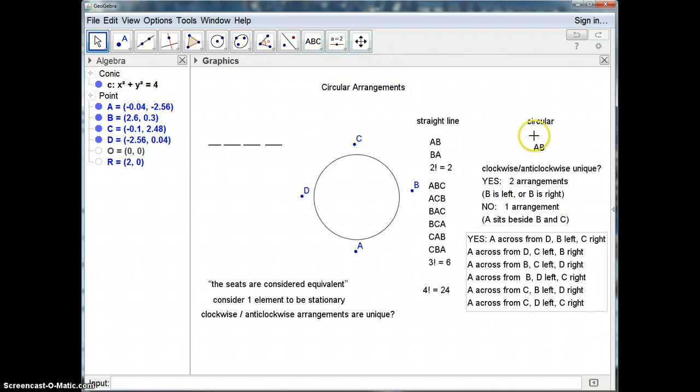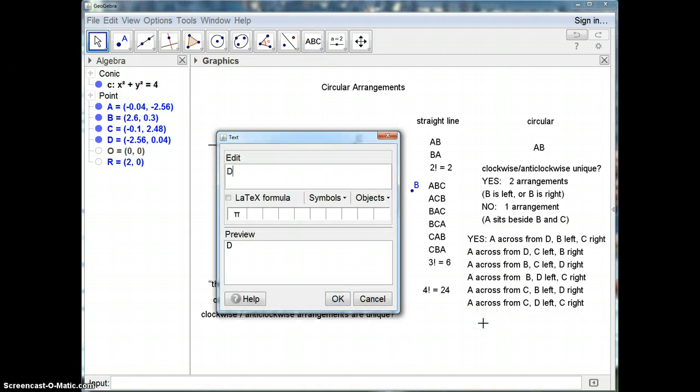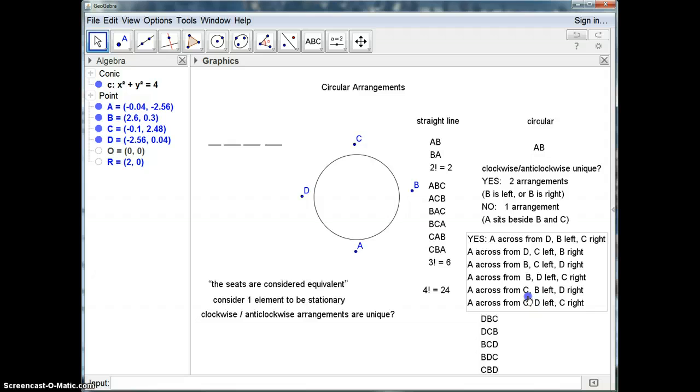Now, if you've been thinking about the patterns here, let's simplify. Instead of saying across, left, right, all this stuff, let's just write the letters down. And you see it's DBC, then DCB, then BCD, BDC, CBD, and CDB. Sorry, there's a mistake in that last one. It should say CDB.